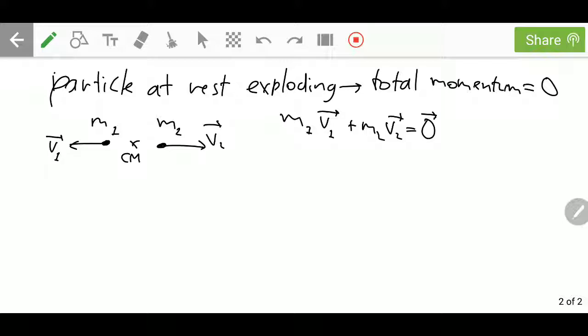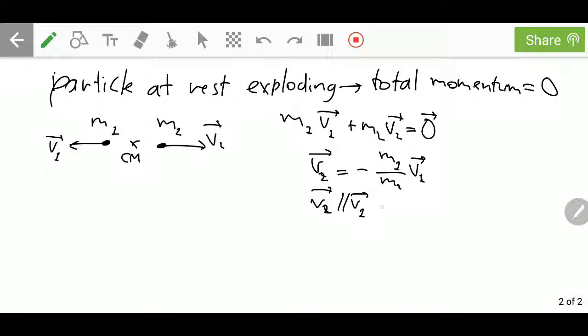But that means that v2 is just negative m1 over m2 times v1.